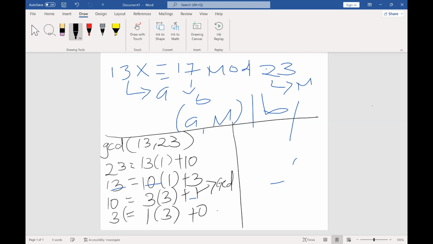Then we now work in reverse, in the extended algorithm.